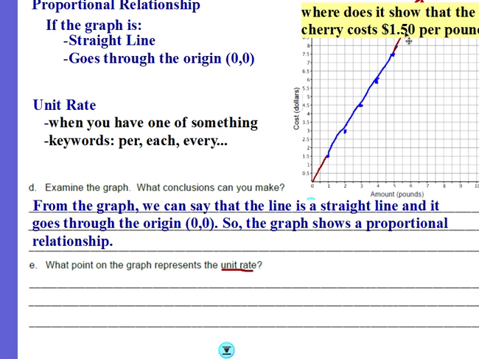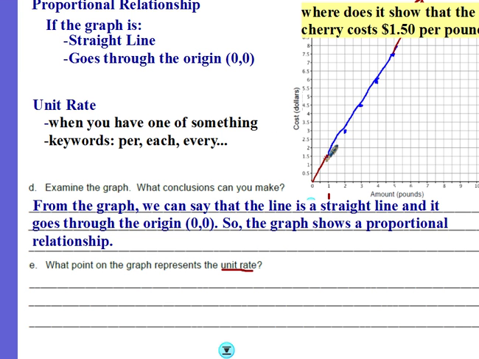Looking at the graph, the x-axis tells you the amount in pounds, and the y-axis is the cost. If it's per pound, that's 1 pound. And 1 pound is right here, number 1. And when it's 1 pound, it says it's $1.50.